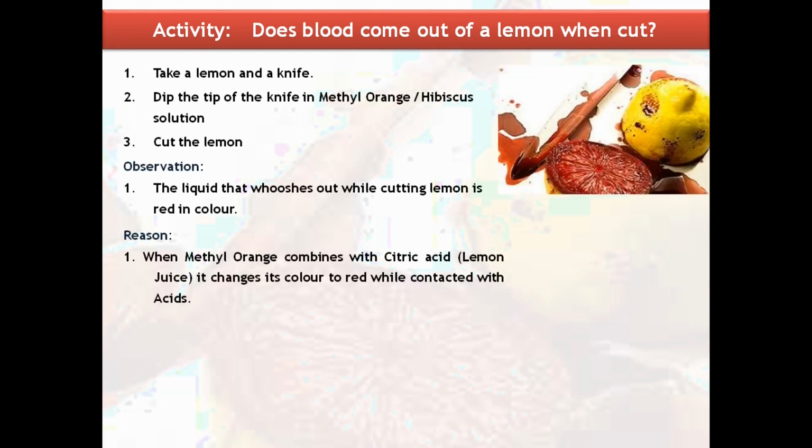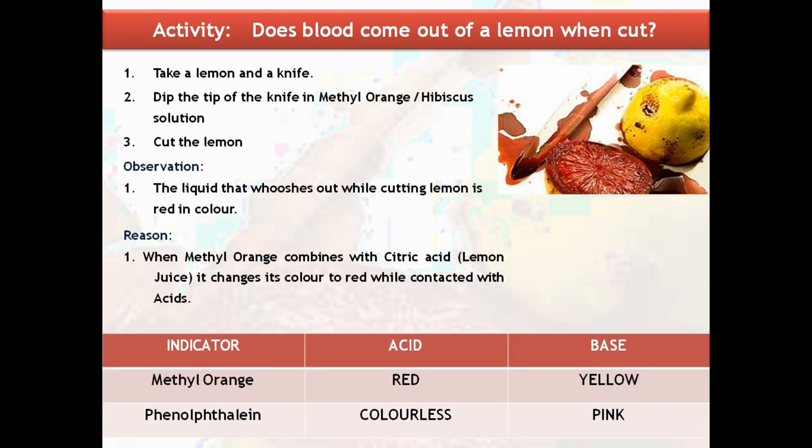If you cut a lemon, you will get lemon juice. But if blood comes out of a lemon, how is it possible? To know about this, take a lemon and a knife. Dip the tip of the knife in methyl orange or hibiscus solution.